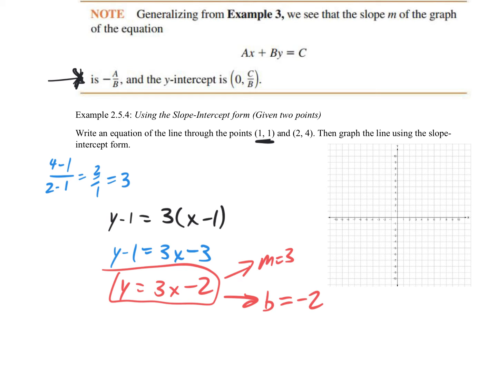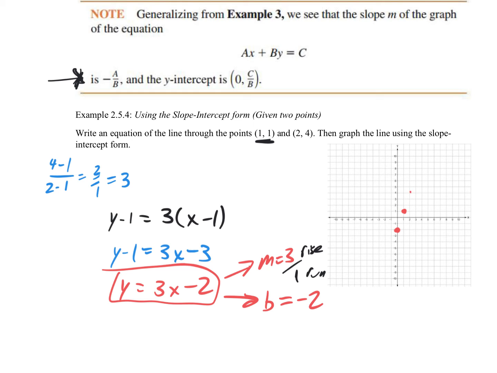So if I were to draw this graph, essentially what I would do is I would put my first dot at (0, -2), and I would climb up 3 spaces and go over 1 space because my slope is 3 over 1. So I treat this as my rise over run. Okay, and so basically we'll just go 3 spaces up and then go 1 space over.